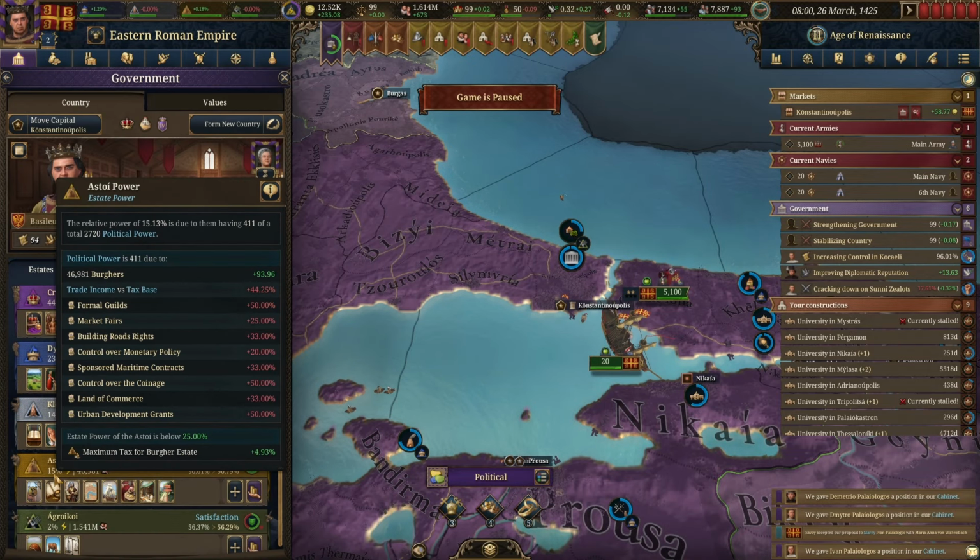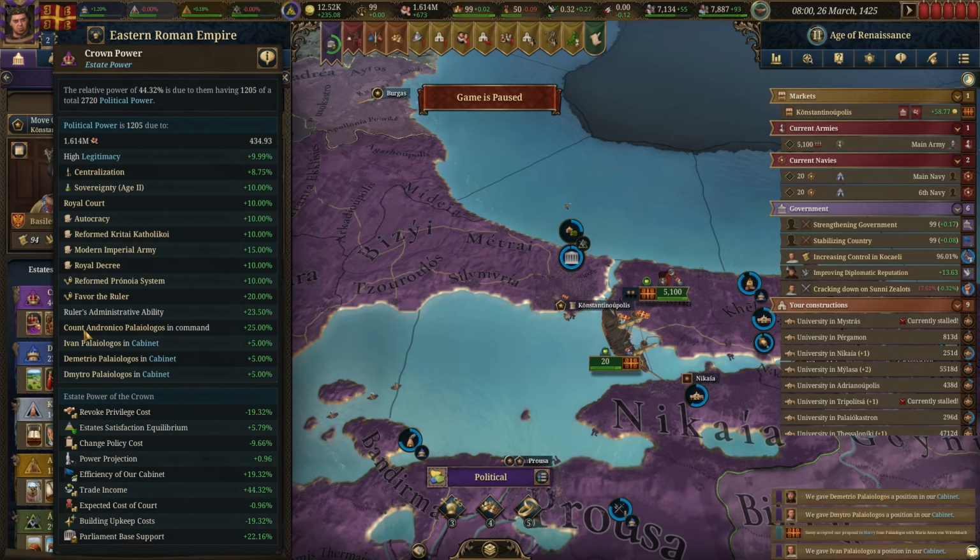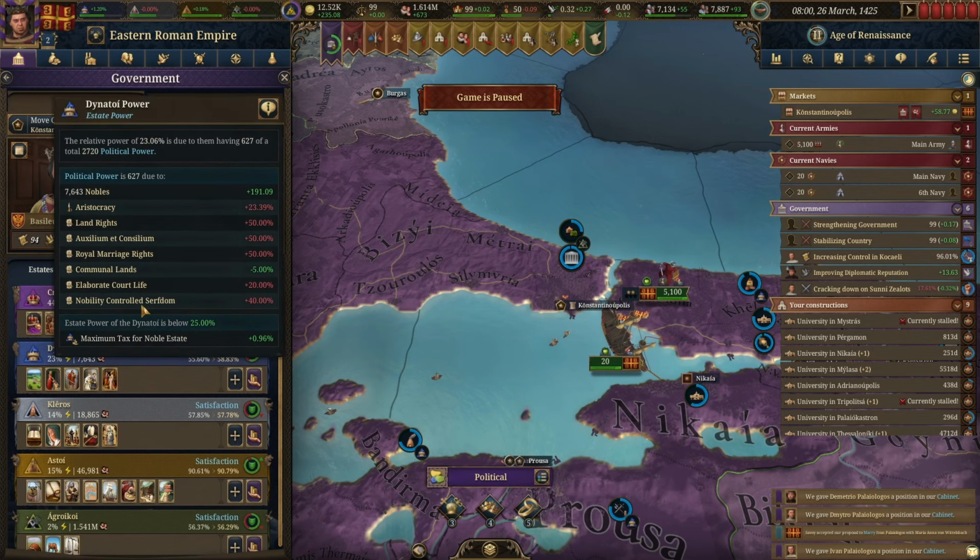So they'll always have some political power. The question will always be how much, as you want as much political power as possible in the hands of the crown, because the bonuses from crown power increase the more control you have. Whereas with the estates, if they go over 25%, they start to provide negatives, whereas below 25%, they increase the maximum tax for that estate.